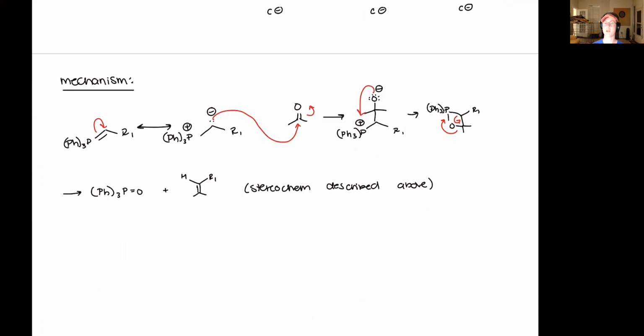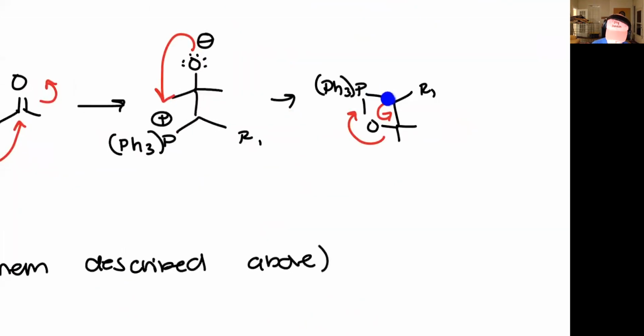This is where it gets a little bit tricky to keep track of. This sigma bond right here will go to create the pi bond between these two carbons. And in order to not violate the octet rule, we need to get rid of this bond right here. So those sigma electrons go to form the pi bond between this phosphorus and this oxygen. It's almost like we have bonds moving all over.